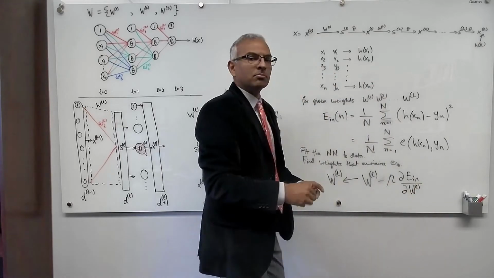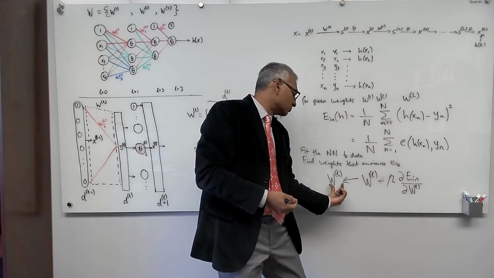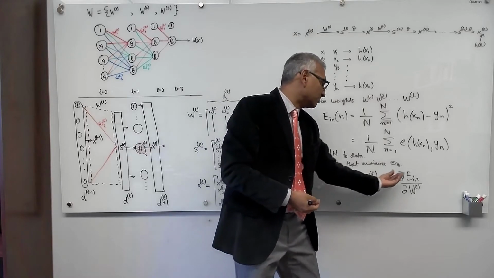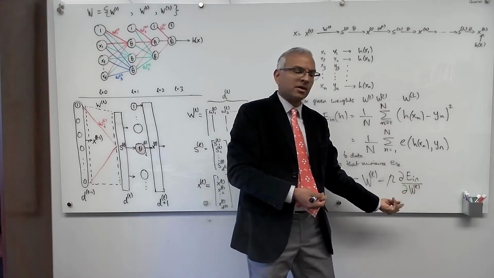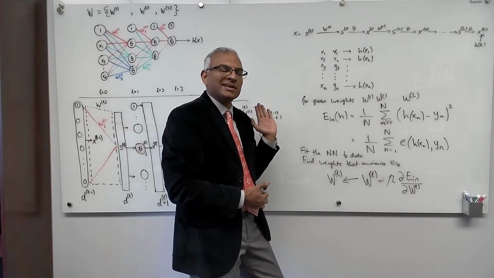So imagine that I want to move the weight matrix W in layer L in order to improve the in-sample error a little bit. So I figure out the gradient of the in-sample error with respect to the weights WL, and I move a little bit in that negative gradient direction.